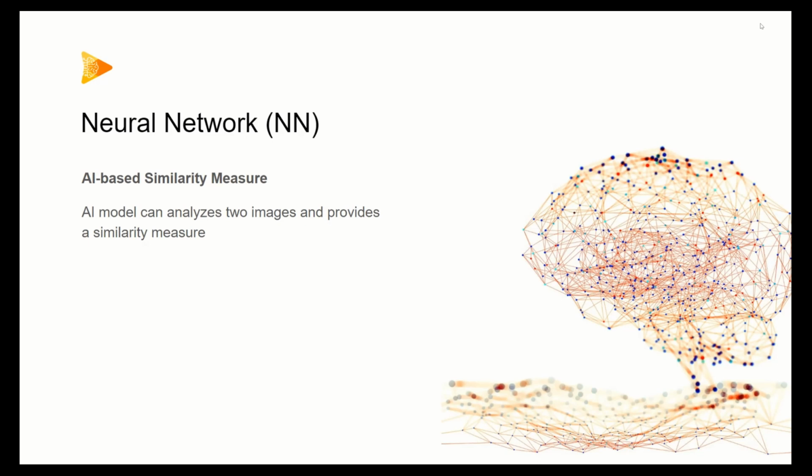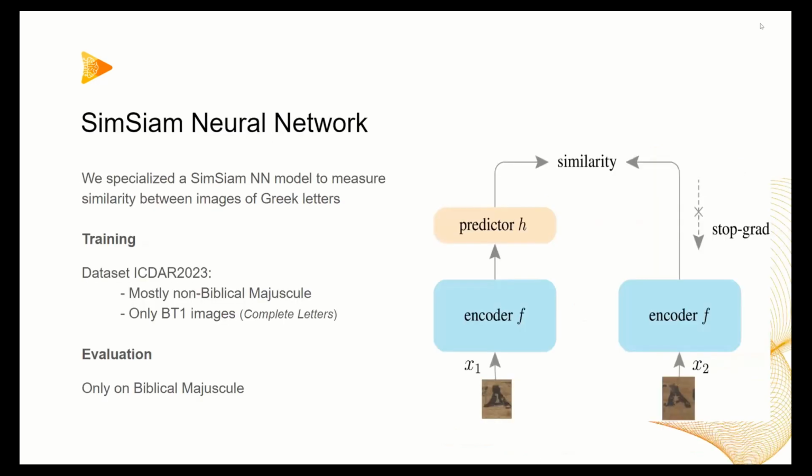But they can provide us a space in which we can measure similarity between images. That is an approach that is followed in several fields, and we can just take this approach and use it to measure similarity, but specializing our architecture to work with images of Greek letters.